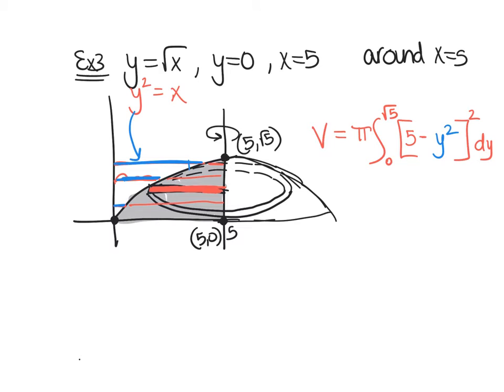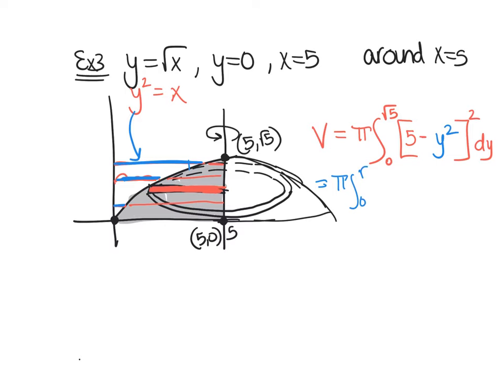Okay, so that's how we get our radius of this solid that we're going to create by rotating around the line x equals 5. So at this point, you integrate. We should be good to go with this, hopefully.